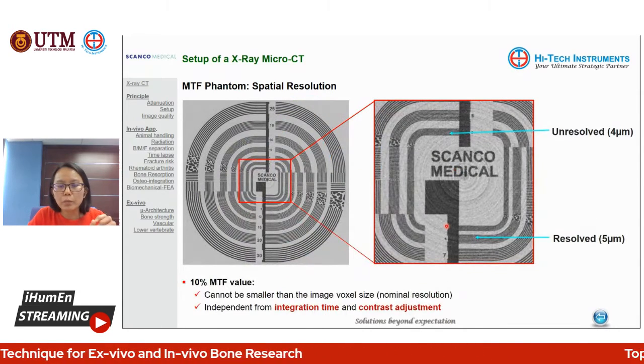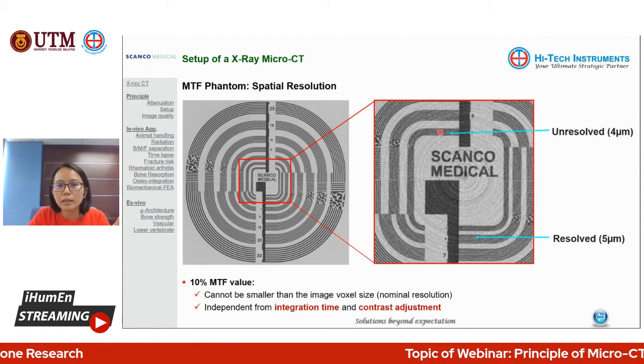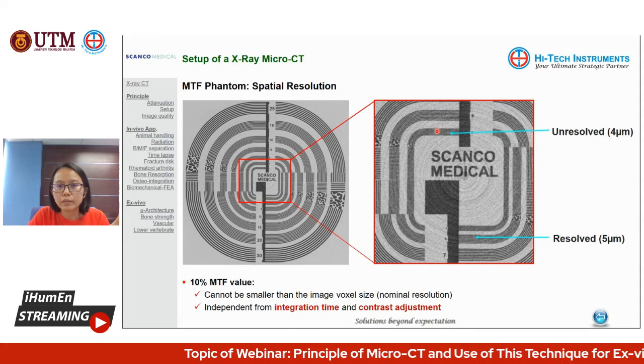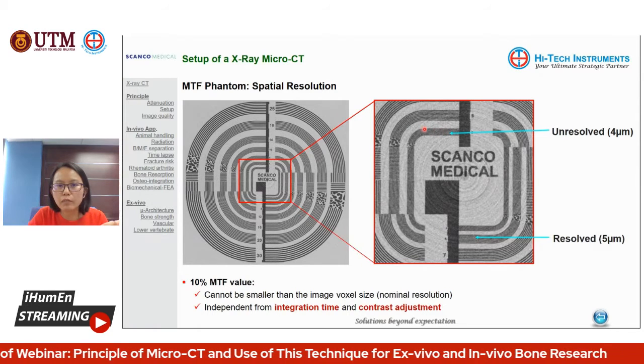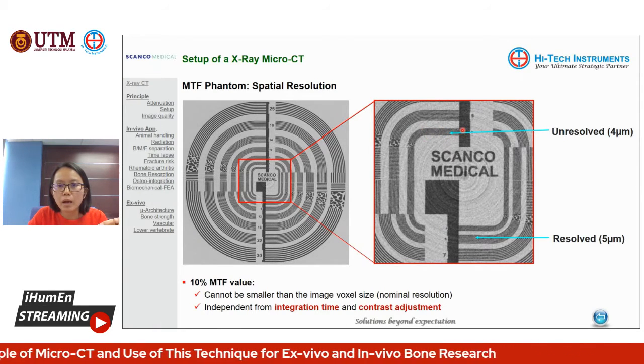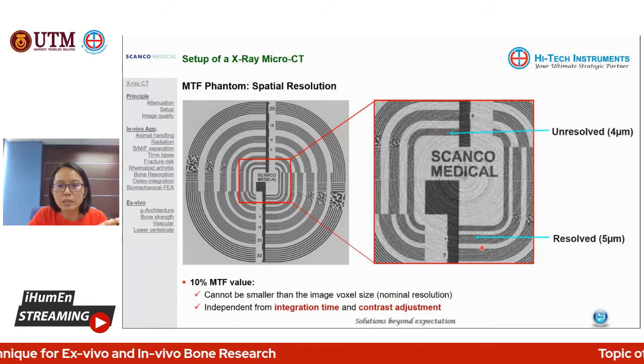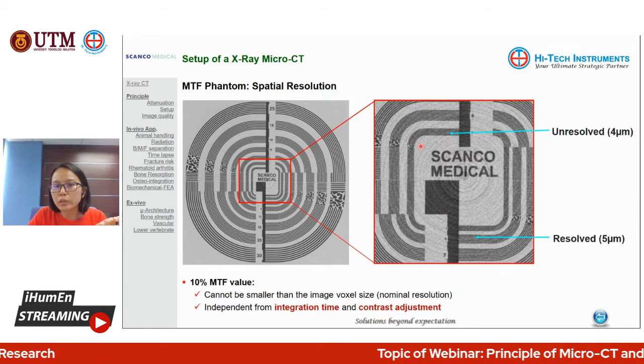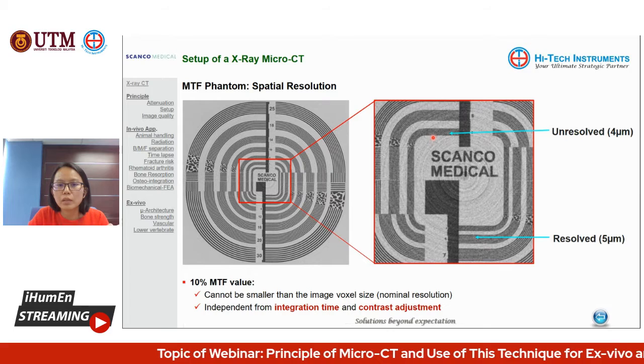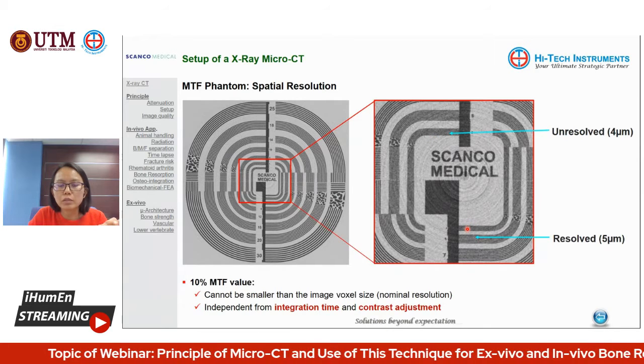From here, we can zoom in and start looking at the lines of different frequency, the different lines with different gaps. For example, here is a 4 micrometer line gap, and here is a 5 micrometer line gap. Clearly, when you zoom in, you can see that the 4 micron is not resolved, whereas the 5 micron is resolved.